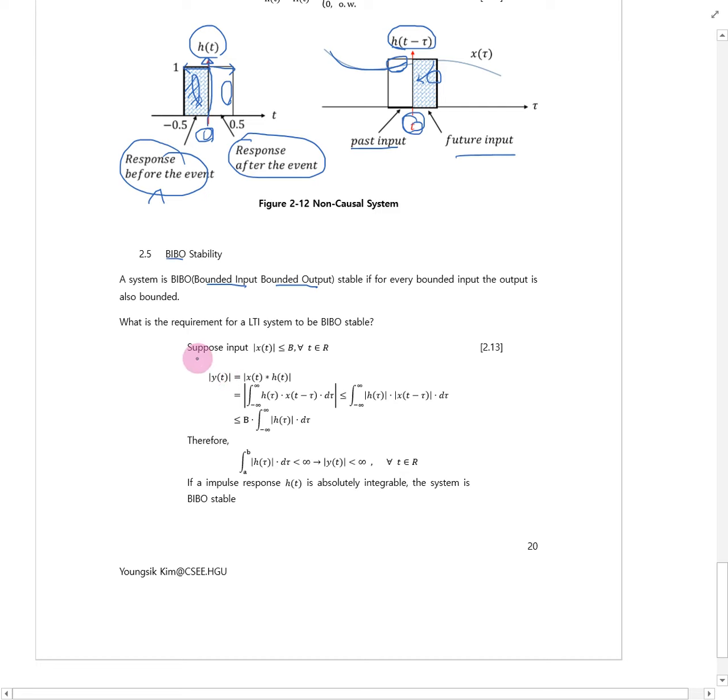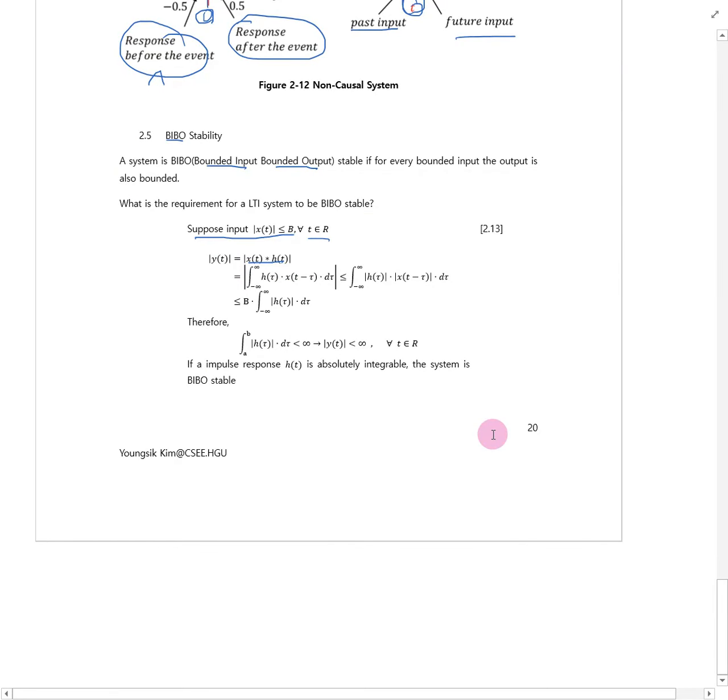Suppose that the input x(t) is bounded for all time. Then taking the convolution, the absolute value of y(t) can be written as the absolute value of the convolution of x and h. So the convolution operation is given like this.